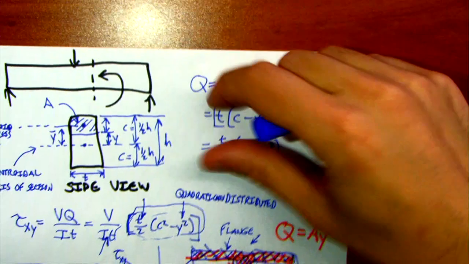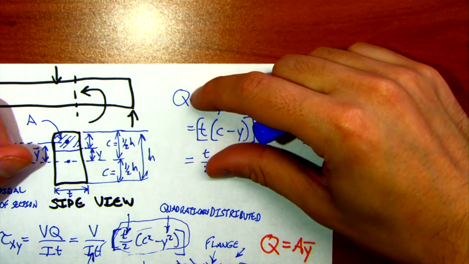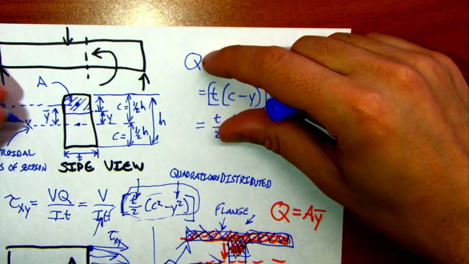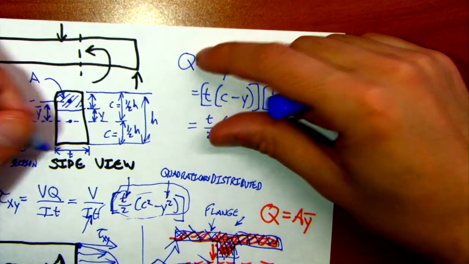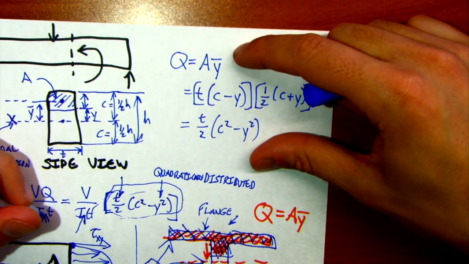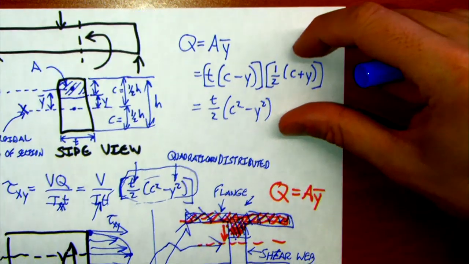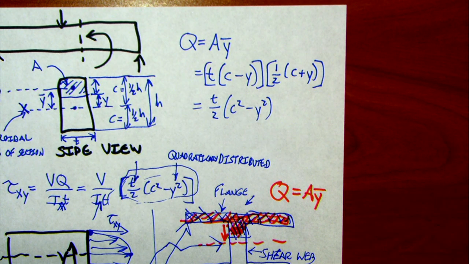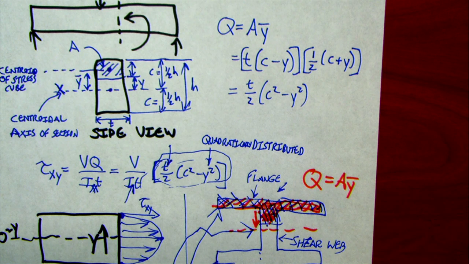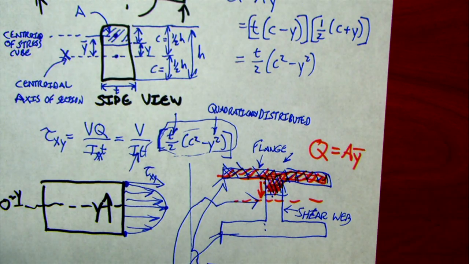So in this case, if this is the x-axis, then the I would be an Ixx, the second moment of area for something bending around that horizontal x-axis. So those are shear stress distributions in a nutshell.